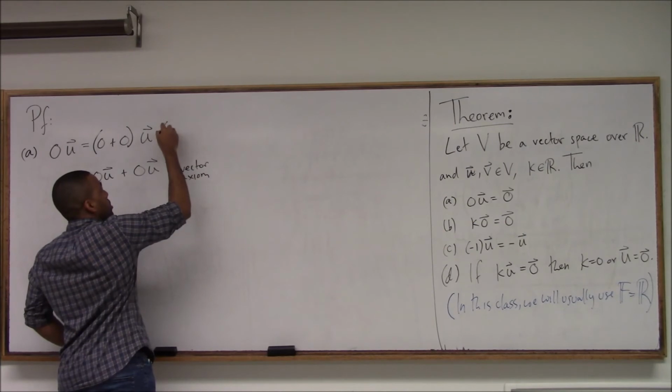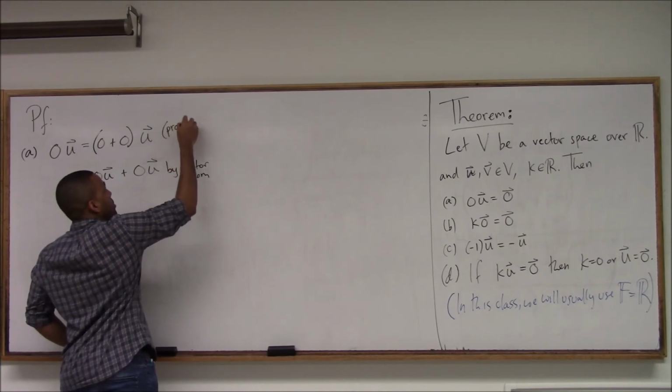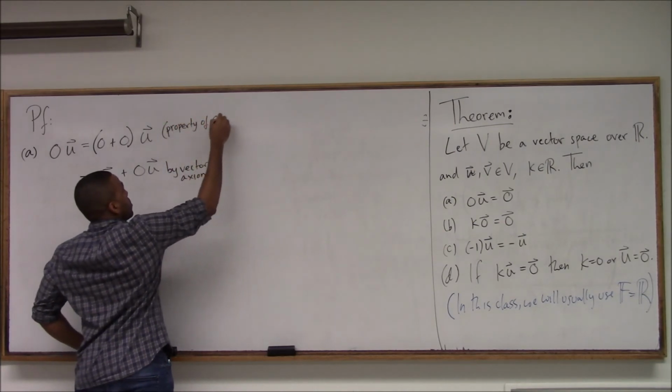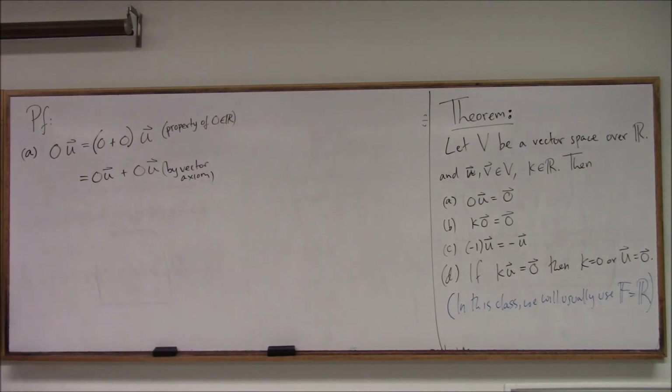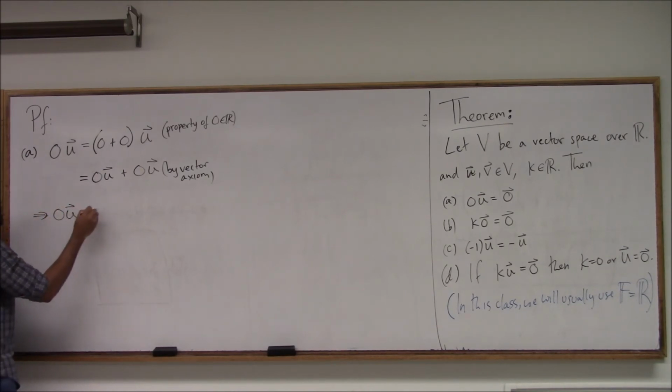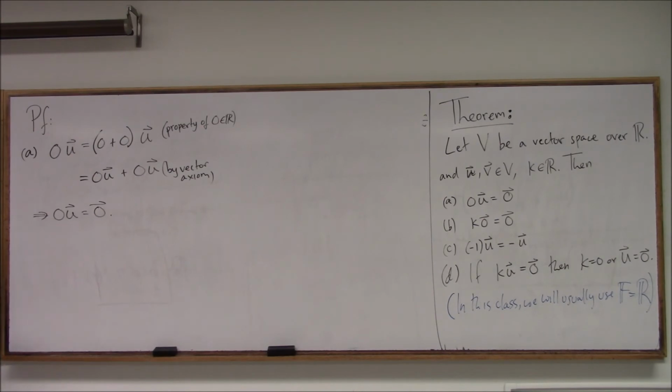This is just a property of 0 in R. Okay, so what can we say now? This means I can immediately say this. Why? You can subtract everybody.